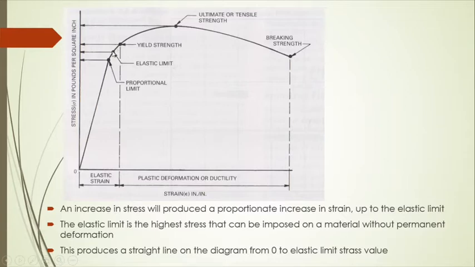This is indicated by the elastic limit. At the yield strength, which is beyond the elastic strain, the steel, or any ductile material, will not return back to its original zero strain, but rather have a permanent deformation.